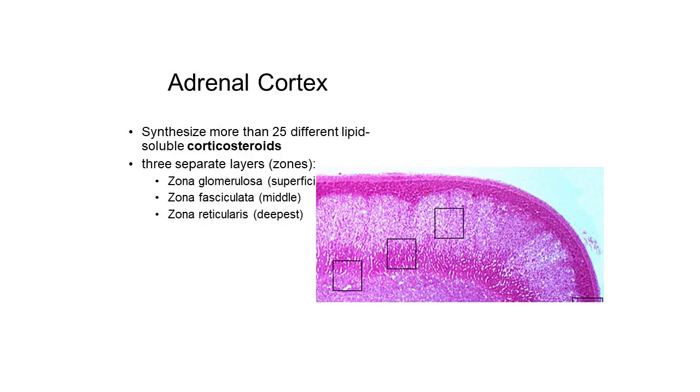The superficial or the outside layer is the glomerulosa. Zona just means zone or layer in this case. The middle layer that's lighter in color is the fasciculata, and then just adjacent to the medulla is going to be the reticularis. We say it's the deepest of the 3 cortical layers.